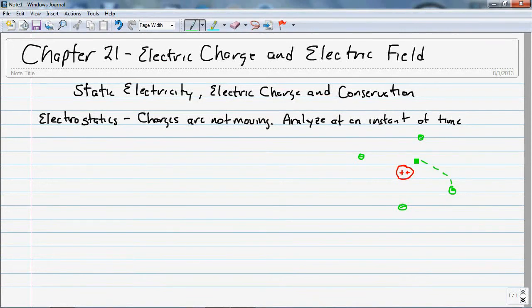And these negative charges have some kind of orbit moving around. This is the classical picture, kind of what everybody thinks about when we talk about charges.